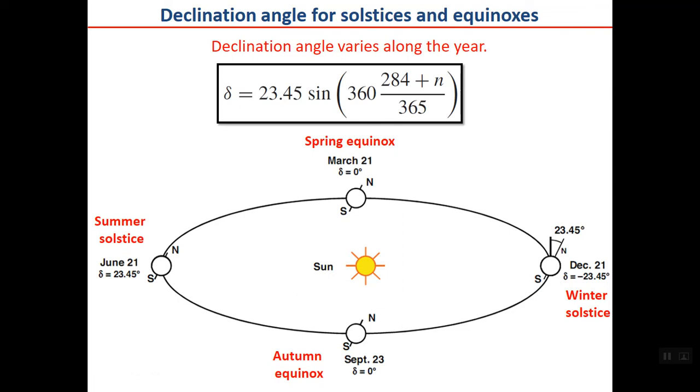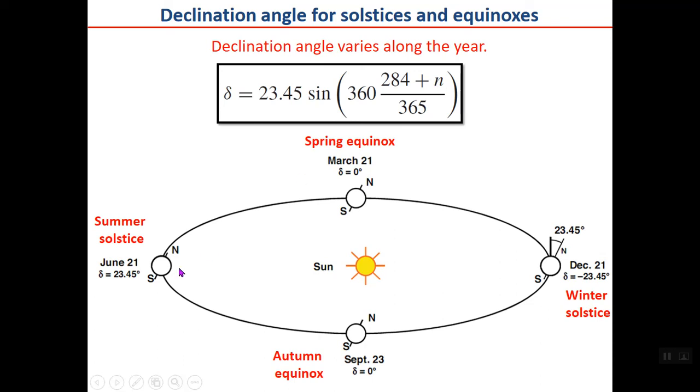What's the formula for calculation of delta? This is the formula: 23.45 sine of these parentheses, and in these parentheses n is the day number, which starts with 1 on the 1st of January.